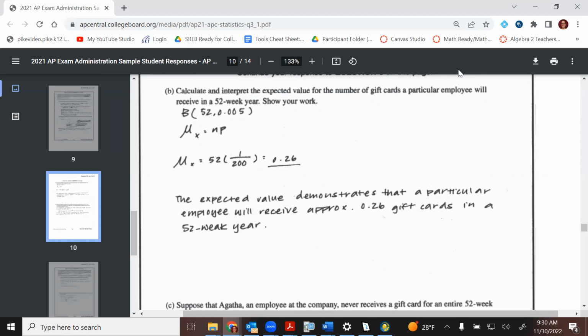It says the expected value demonstrates that a particular employee will receive. Do we think that they will receive this? No. You could say that approximately 26% of the, or sorry. Yeah, 26% of all the employees after many, many, many weeks, 26% of all the employees will have received at least 1 gift card.